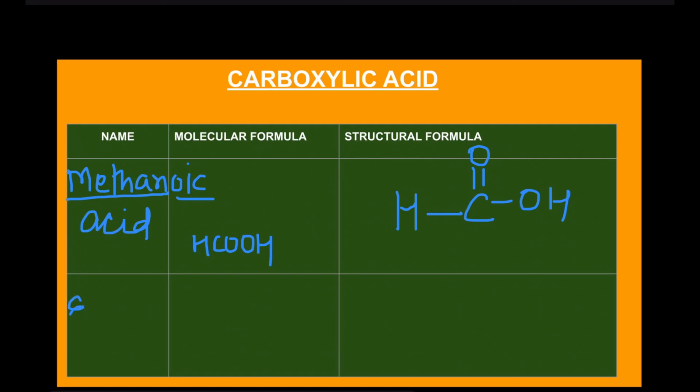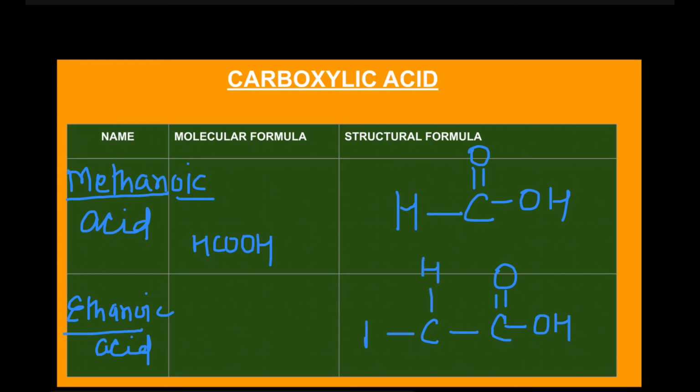The second member is ethanoic acid. Ethane means 2 carbons. Oic acid means COOH group. So we are going to write 2 carbons in the structural formula with the carboxylic acid group, and on the other carbon we are going to bond hydrogens.